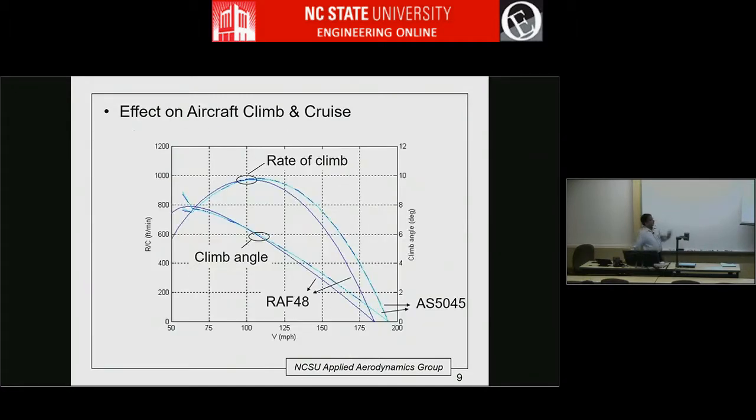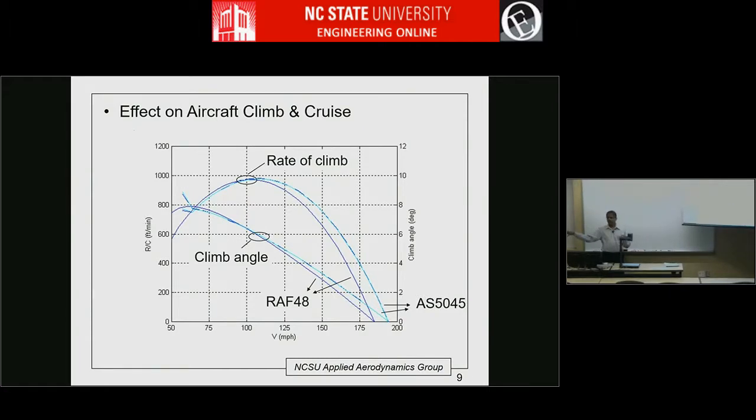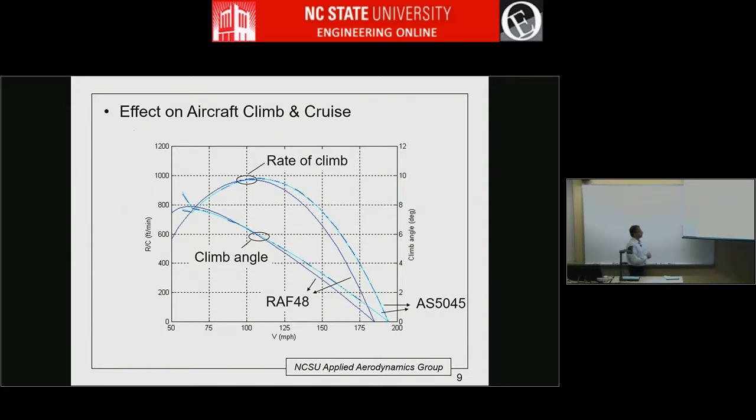So one of the things I did was to not just design the airfoil, but as I was designing airfoils, I was running it through an aircraft performance program to compare and see what the effect is on the aircraft performance. So these plots are rate of climb, and this color is the new airfoil and the blue is the old airfoil.